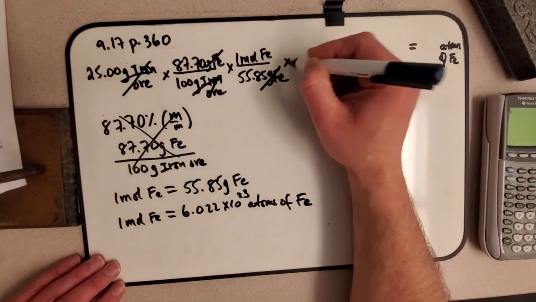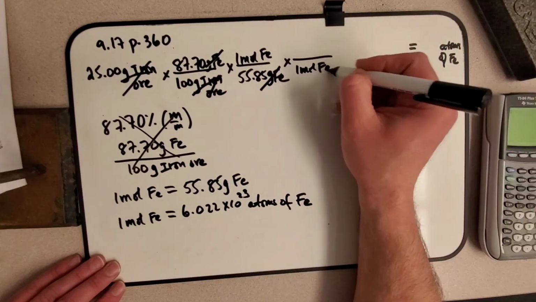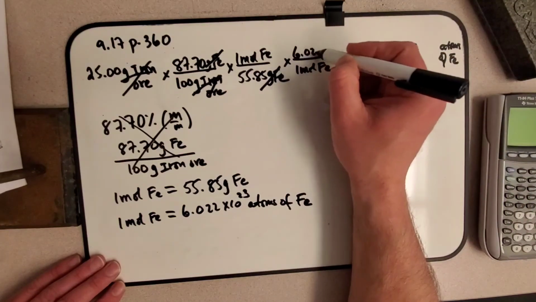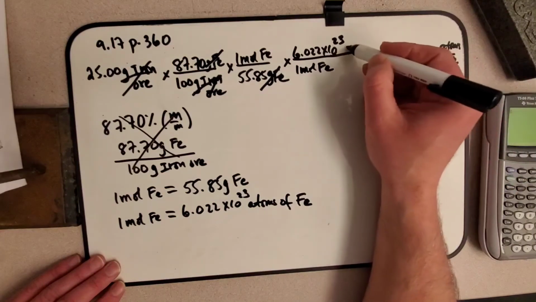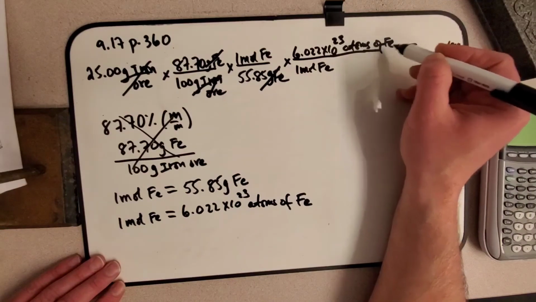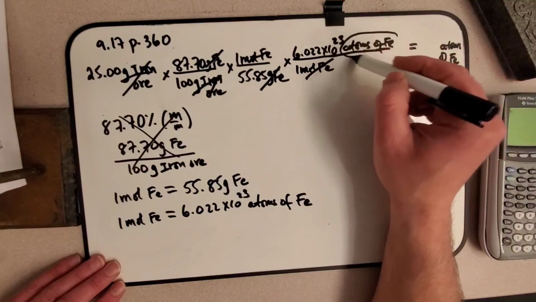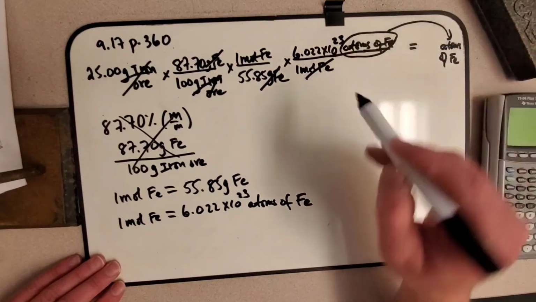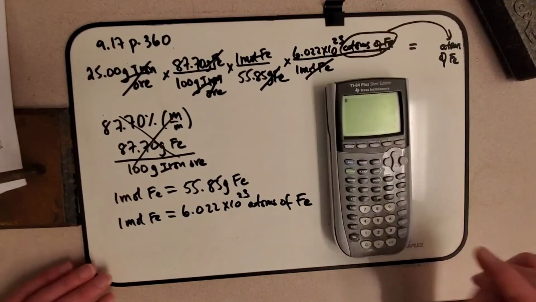So my next step will be getting rid of this mole of iron, and that will be equivalent to 6.022 times 10 to the 23 atoms of iron. Now canceled. We have units here that match the units we want. That means we figured out everything right. And so in my next step, I will just do the calculations.